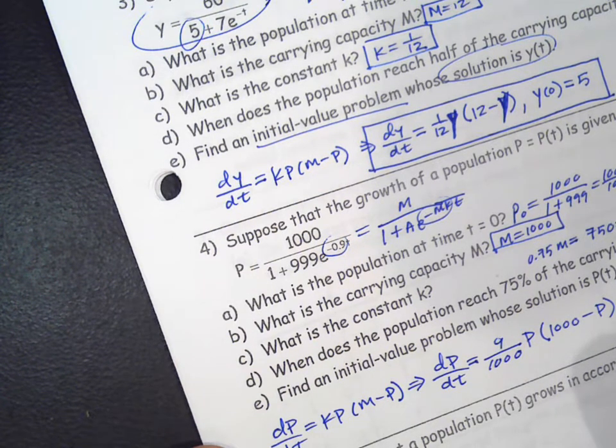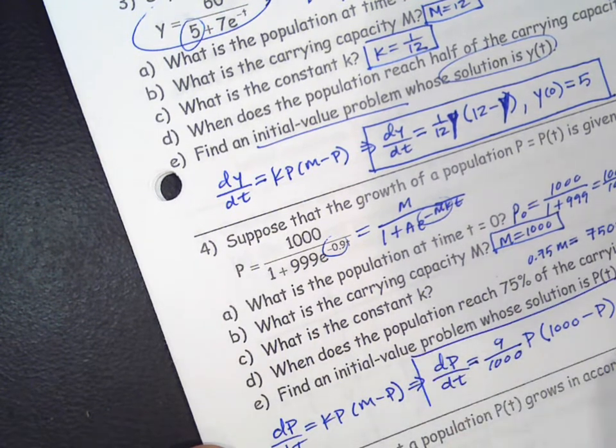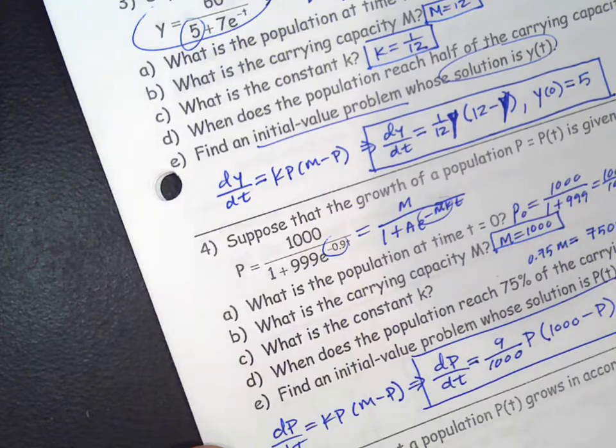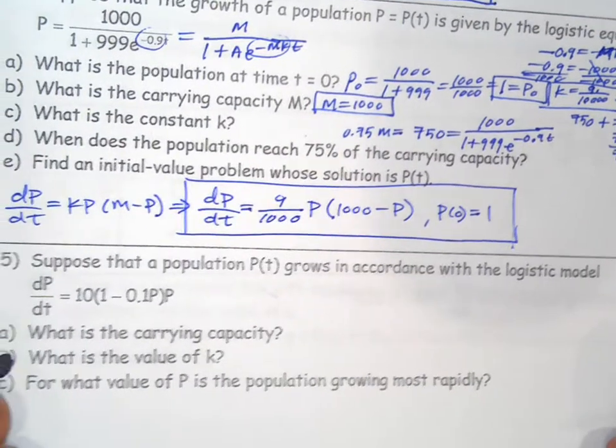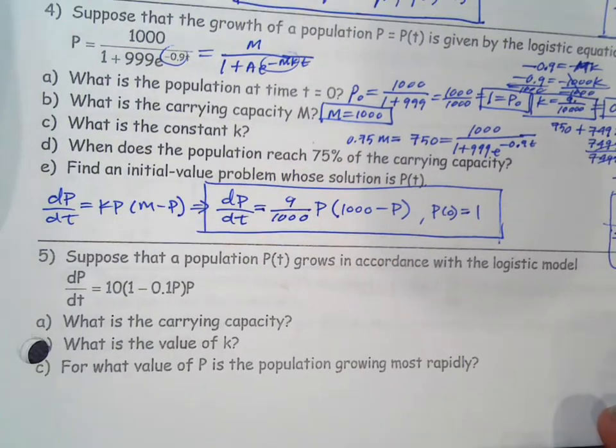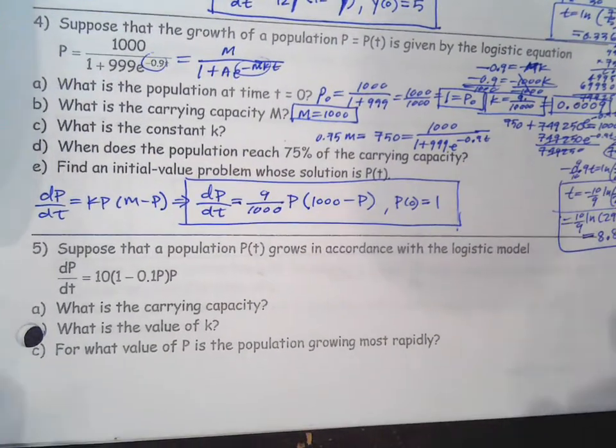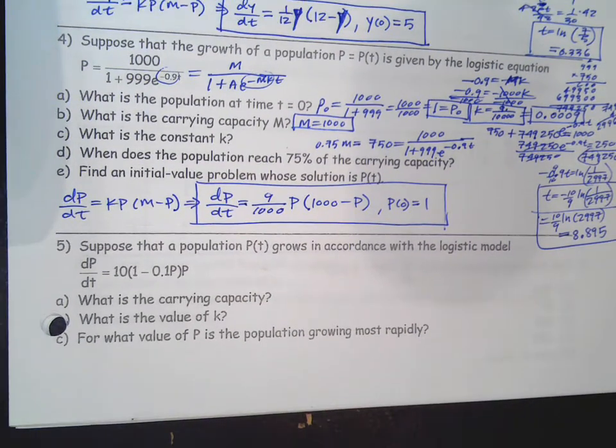With the initial value, p sub 0 equals 1. So that's the initial value problem whose solution is what we started with. I don't know. So, all right.